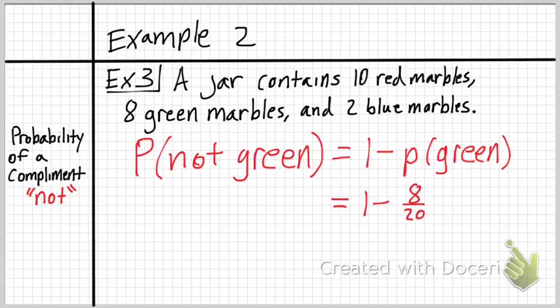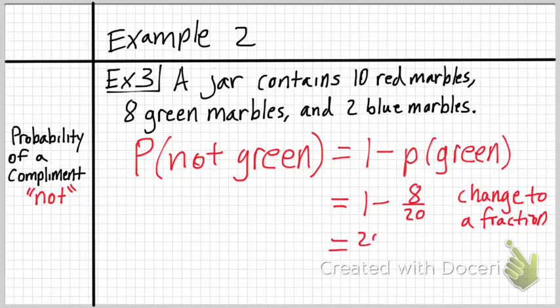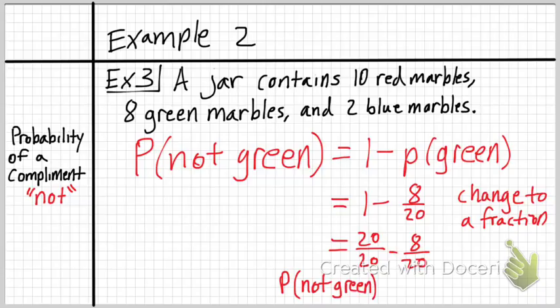So we want to change this into a fraction to be able to do this arithmetic here, and we see that it's 20 over 20 minus 8 over 20, and the probability not green is going to be 12 over 20.